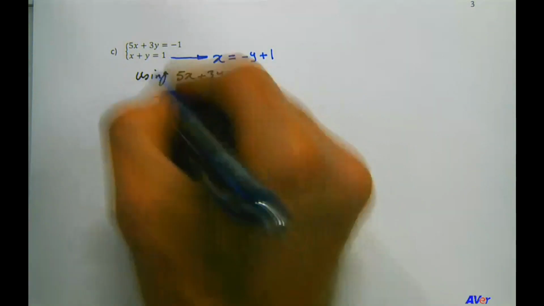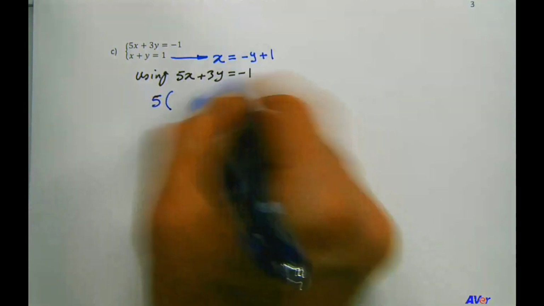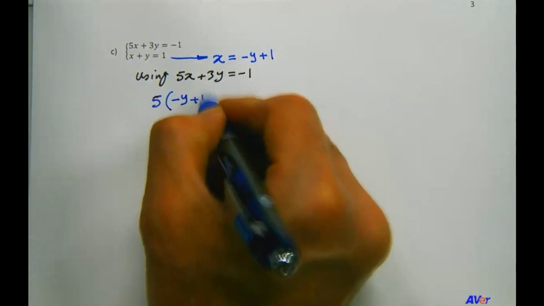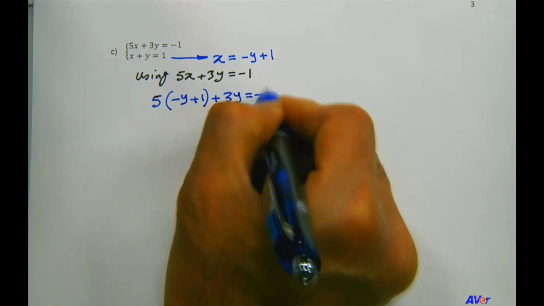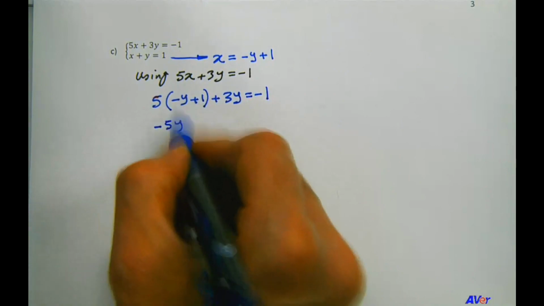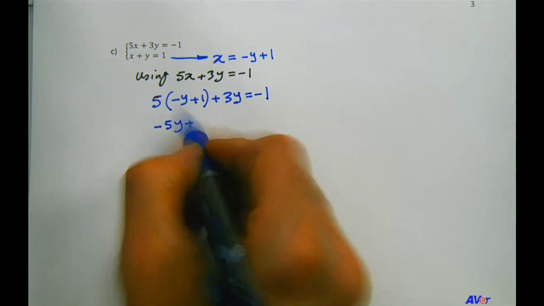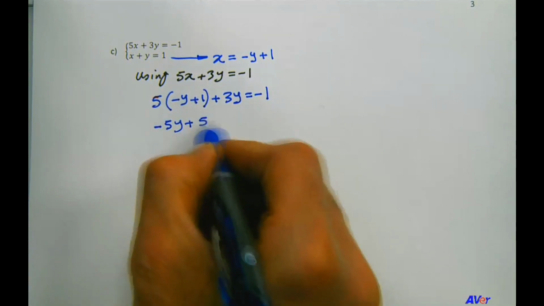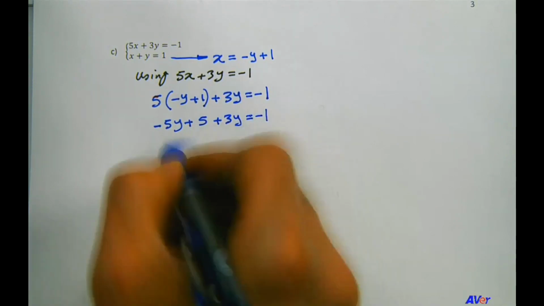So 5 times, instead of x, let's plug in minus y plus 1, plus 3y equals negative 1. Now let's distribute. 5 times minus y, minus 5y. Plus 5 times 1, 5. Plus 3y equals negative 1.